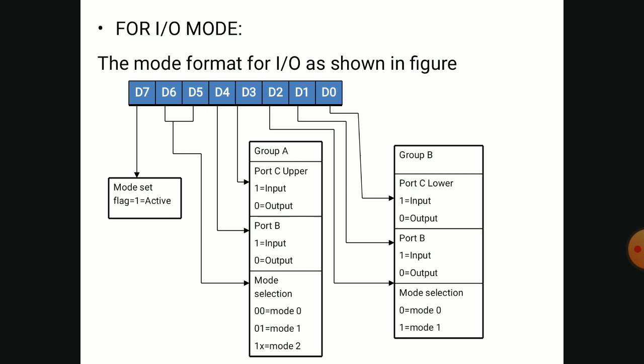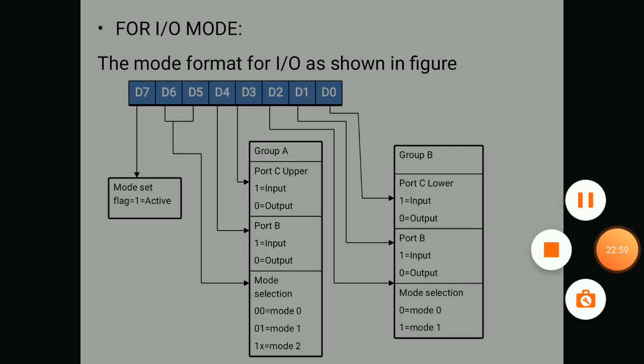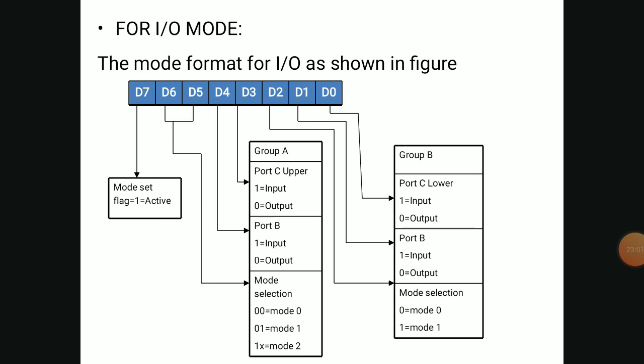Why do we choose this device for interfacing with the 8086? With this PPI device it is possible to connect a total of 24 IO devices at a time to the 8086 processor. That's why we choose this type of PPI device.